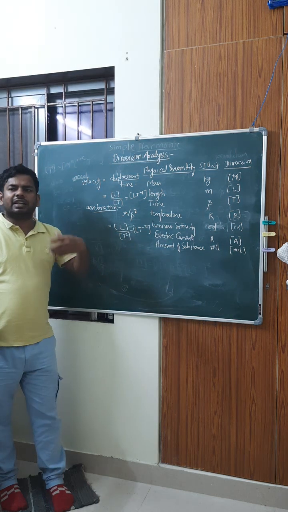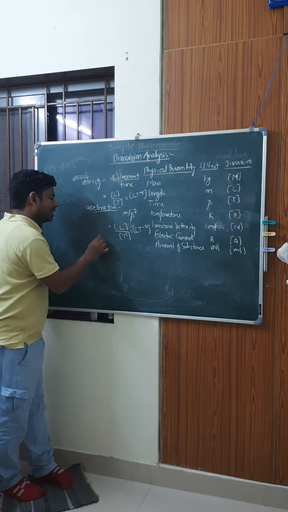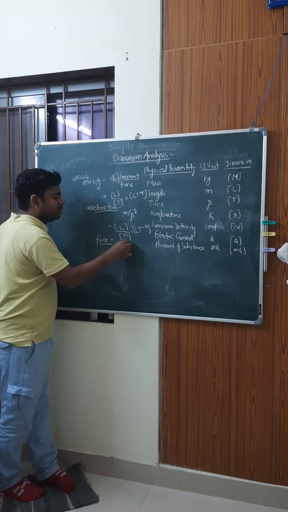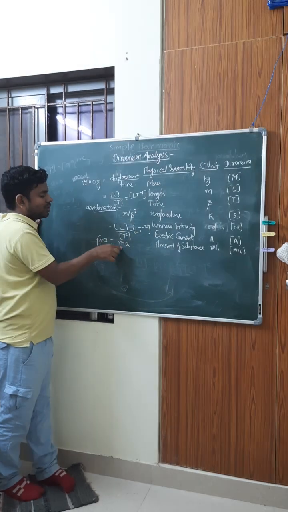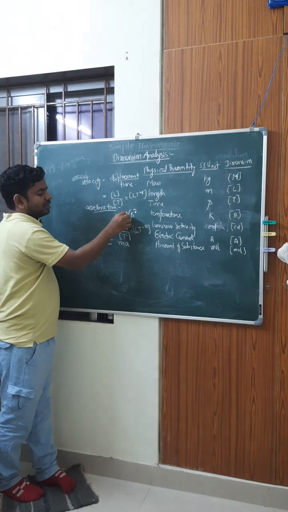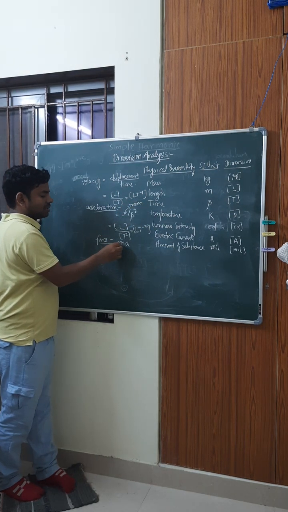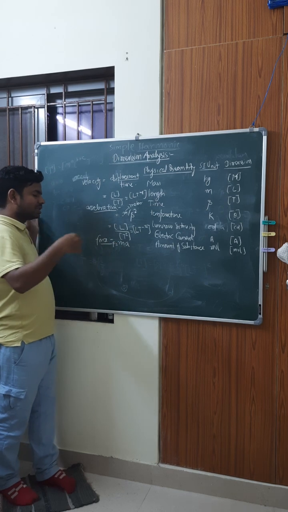Using this we can derive another one, for example force. Force is mass into acceleration. Don't confuse this M with the unit meter; this is the mass. Force is equal to ma, Newton's second law.